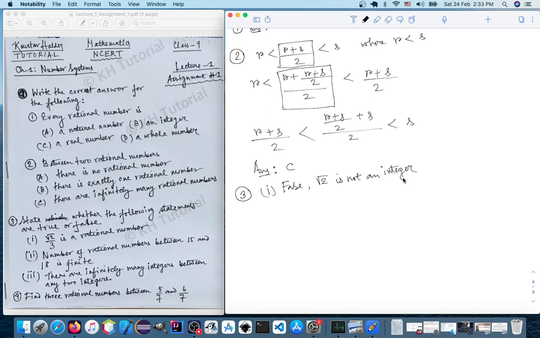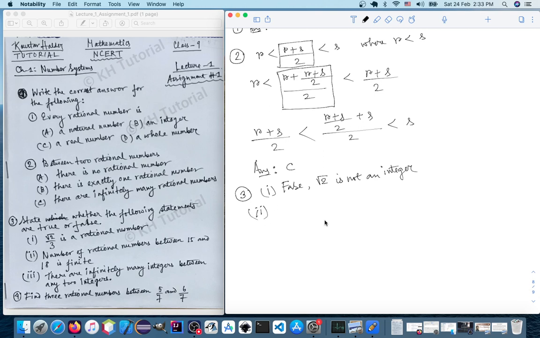So root 2 is not an integer. Any rational number has to be in the form p by q, where p and q are integers and q is not equal to 0. Since here p, which is root 2, is not an integer, this is not in the form of p by q as per the definition of a rational number. So root 2 by 3 is not a rational number.